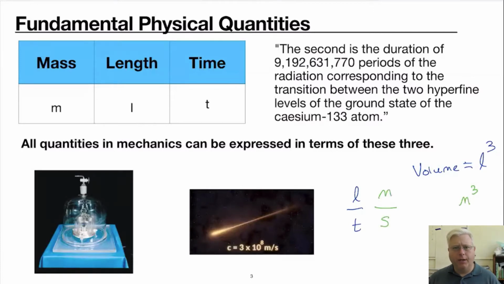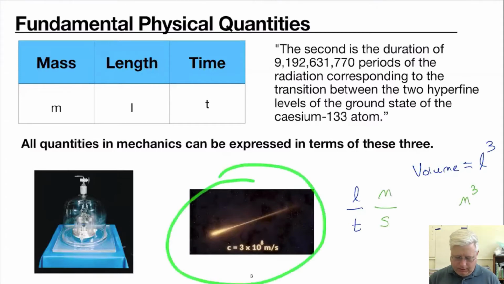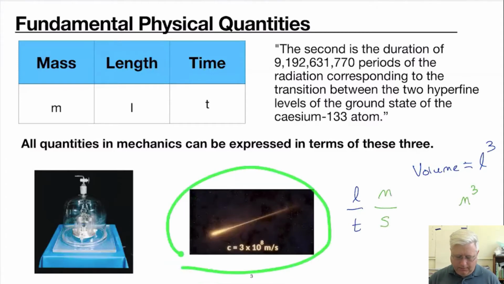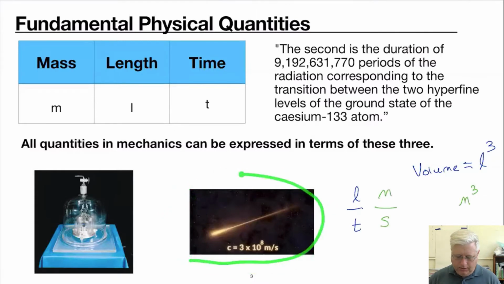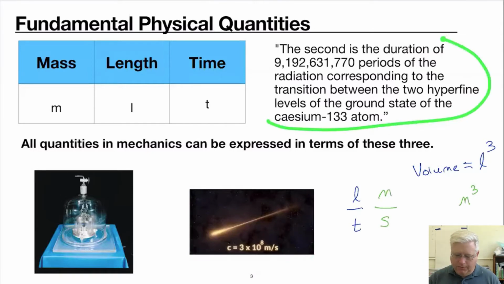And the same with time. I'm sorry, did I say time for related to that? The meter, sorry, is related to the speed of light. And time, the second, is actually related to the radiation of an atom. If you're interested here, I took a quote from when they actually changed this back in, I think, 1983.